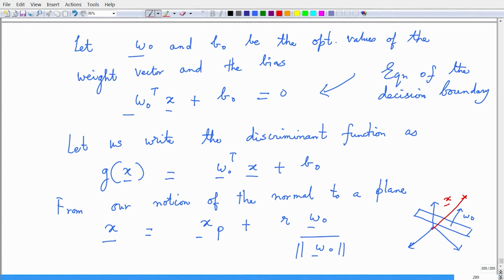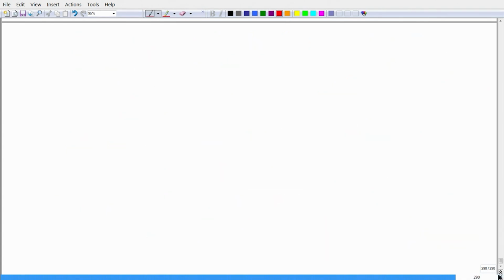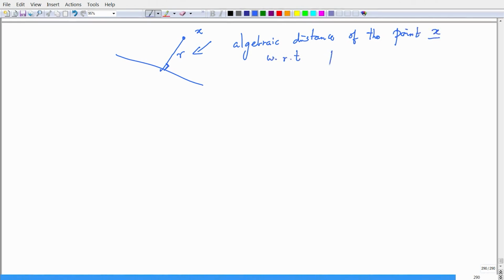So, just put in 2 dimensions, I give this point x, this is the algebraic distance of the point x with respect to the plane, and so therefore it is in the direction of w naught.